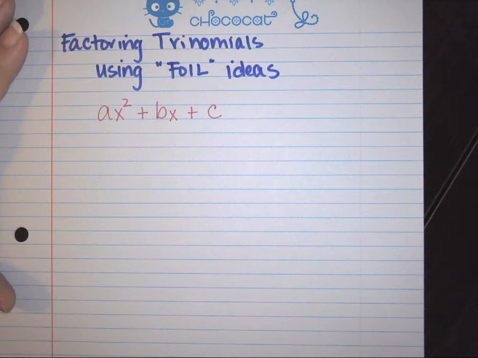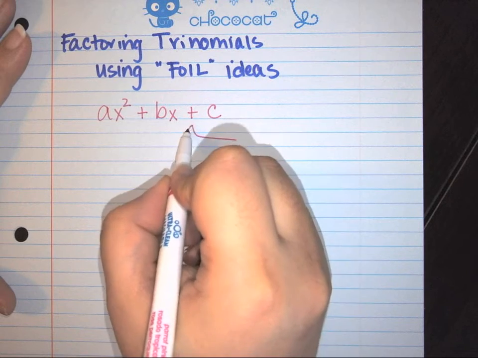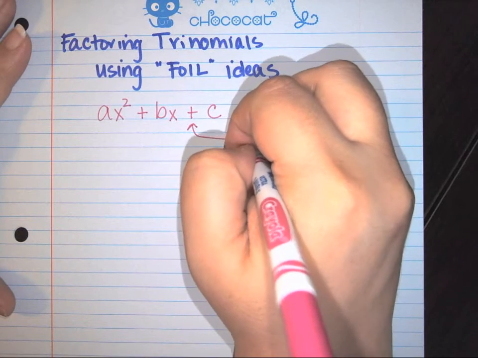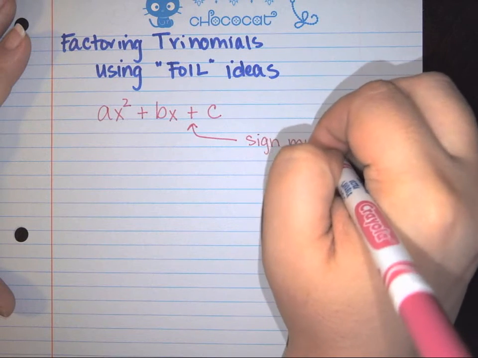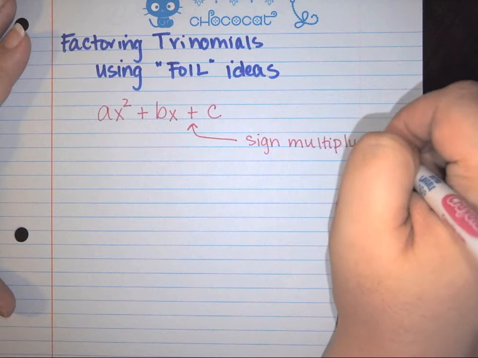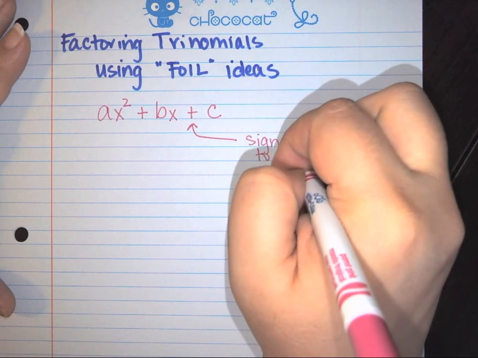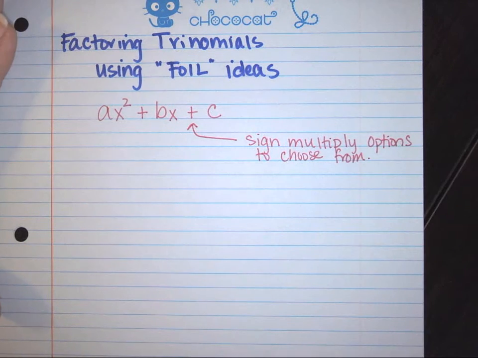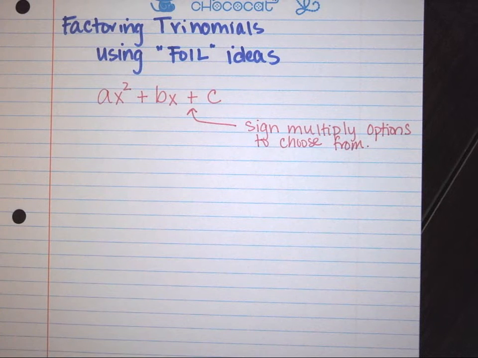And there's a couple things that this equation tells us. First, this back sign tells us your sign multiplication options to choose from. So what are my options that I have to choose from?